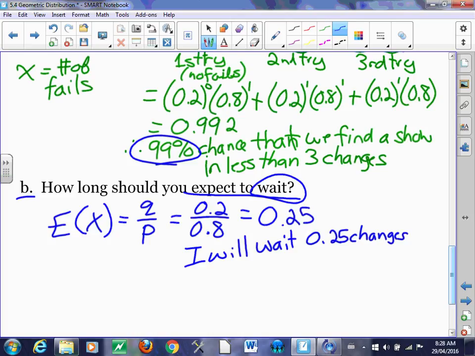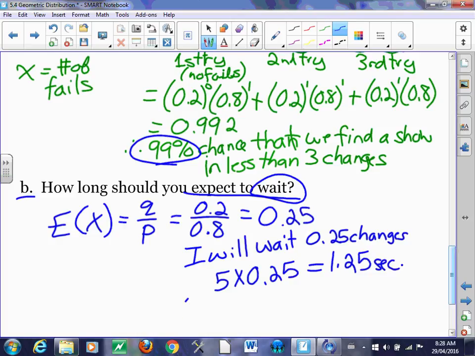And when you take a look at how long, we read in the question that it takes 5 seconds to determine. So it's going to be 5 times 0.25, which equals 1.25 seconds.